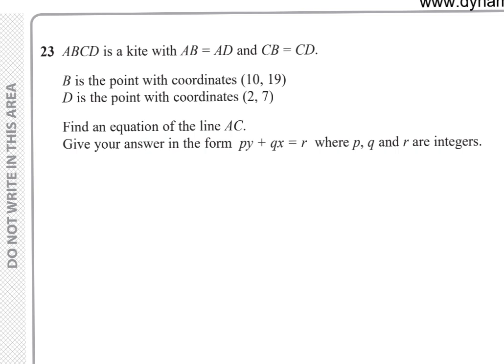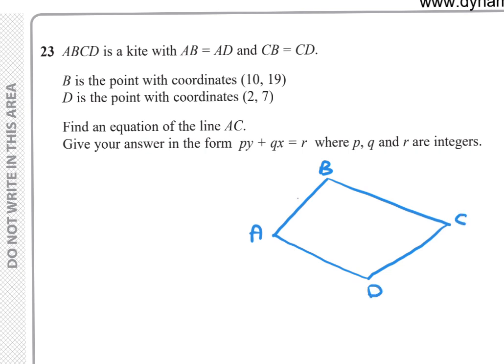So we have a kite. This is the kite, A, B, C, D. AB equal AD and CB equal CD.